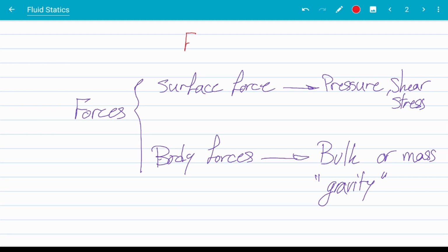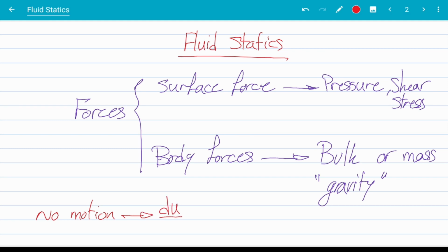Now in this video, we are discussing fluid statics. We know that in statics, we have no motion. No motion means no velocity gradients, which in turn means no shear stress.